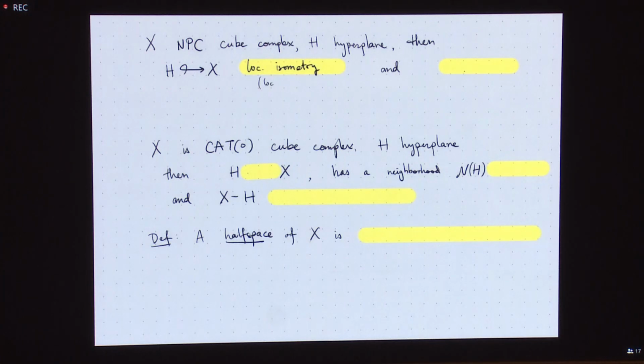And putting those things together, you get that it is NPC itself.